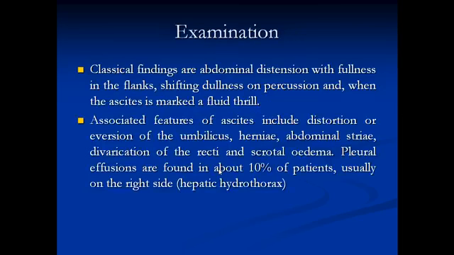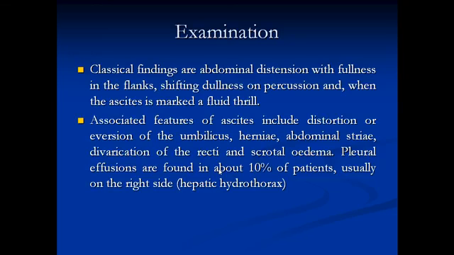Examination: classical findings are abdominal distension with fullness in the flanks. The examiner will ask you what the important findings are and what the important examinations you will perform in your case.